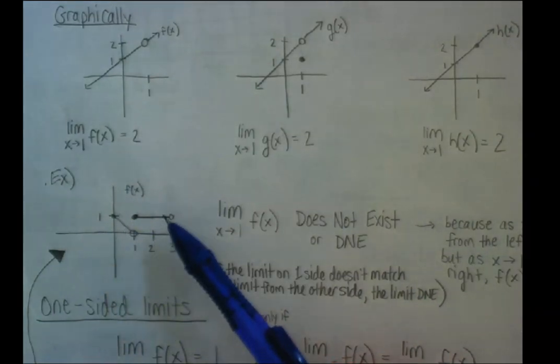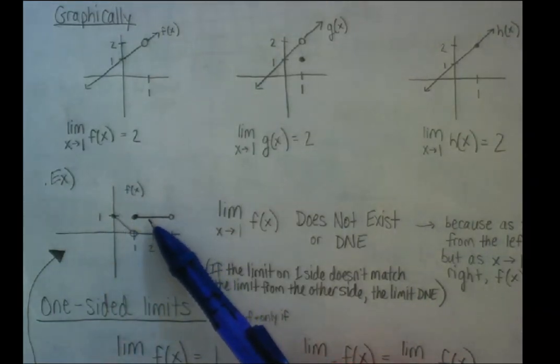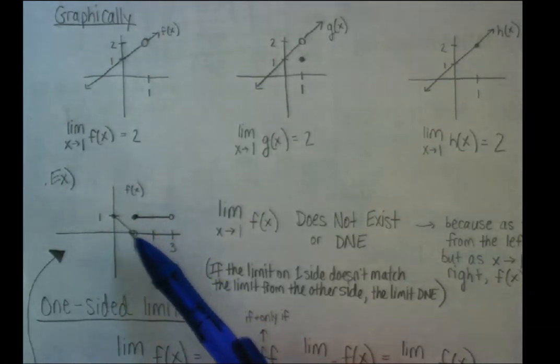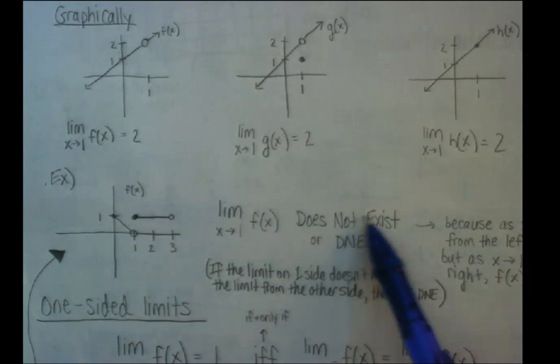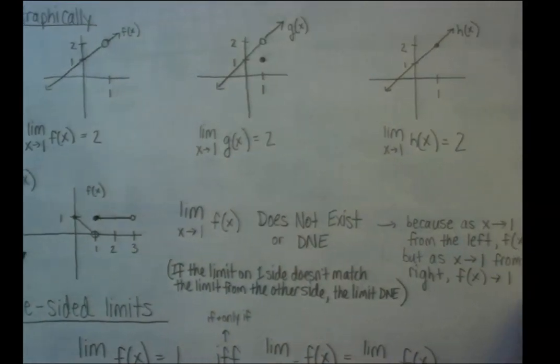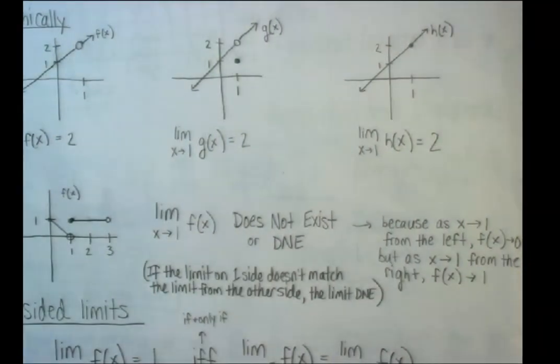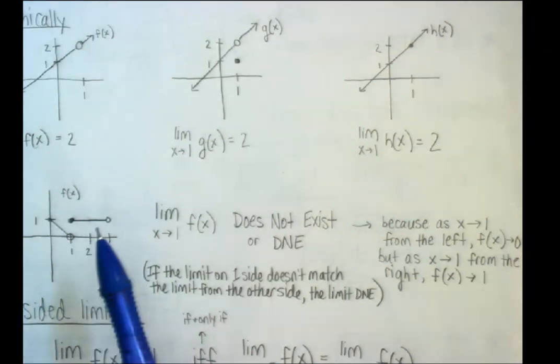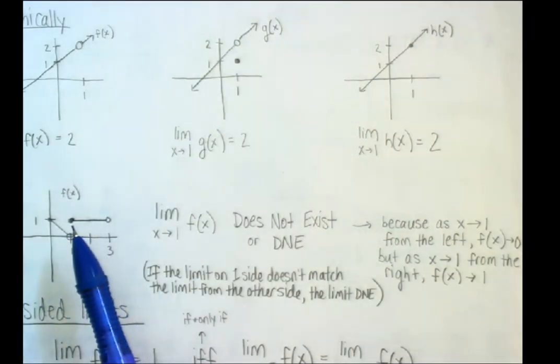But if I approach it from the right side, now the y value I'm approaching would be 1. The fact that those are two different numbers means we would say the limit does not exist, or you can use DNE. That's what this little note is saying: as x approaches 1 from the left, f of x approaches 0, but as x approaches 1 from the right, f of x approaches 1.